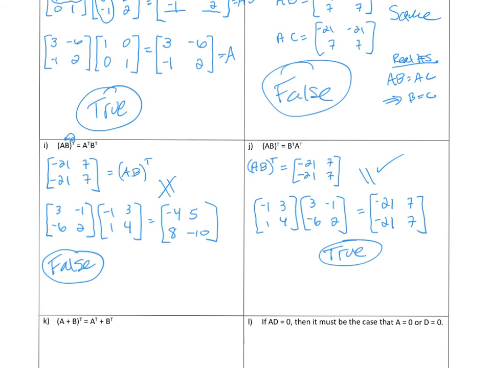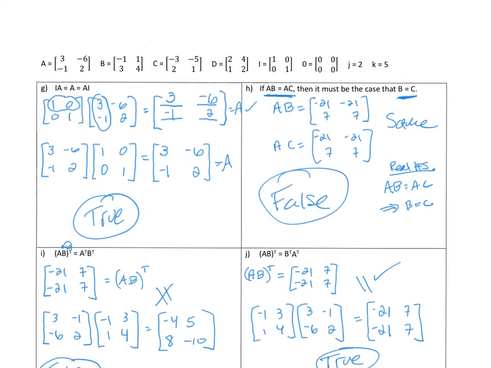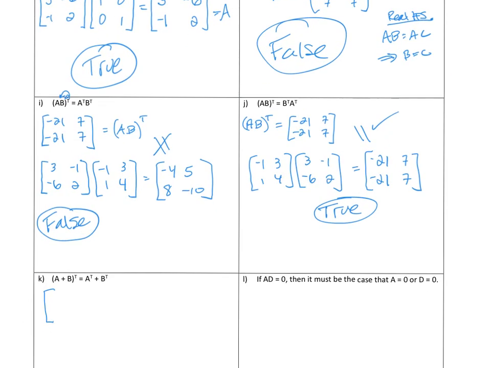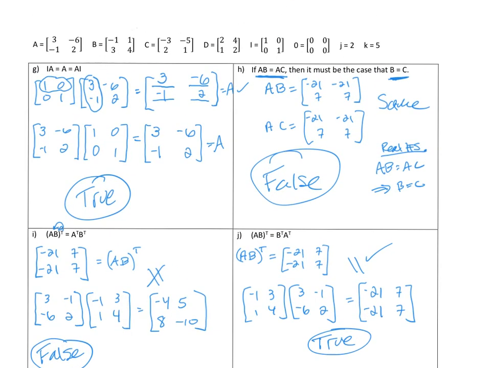Okay, A plus B transpose, is that the same thing as A transpose plus B transpose? So A plus B is 2, negative 7. So I'm looking at A and B up here and just adding them in my head.